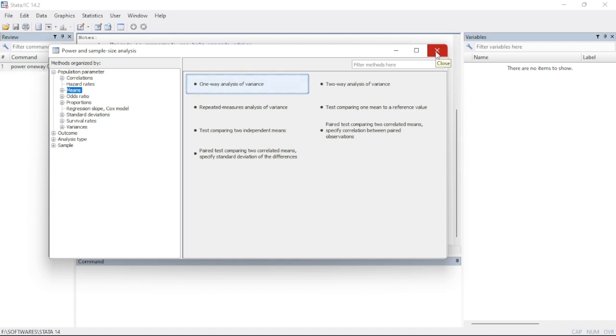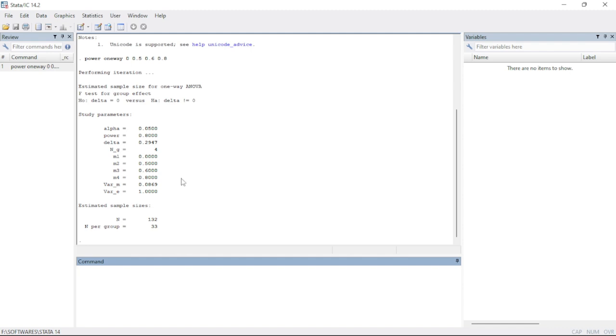So here you just close this page. Here it has calculated the sample size. Estimated sample size for one-way ANOVA. All that information: alpha 0.05, power 0.8, delta. Number of groups, NG, is the number of groups. See, it recorded 4 groups because you have control and the other 3 intervention groups.